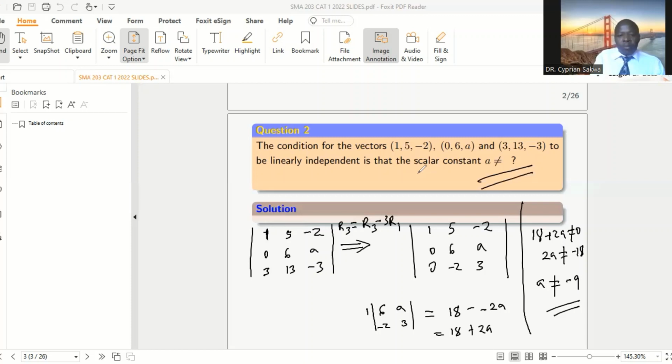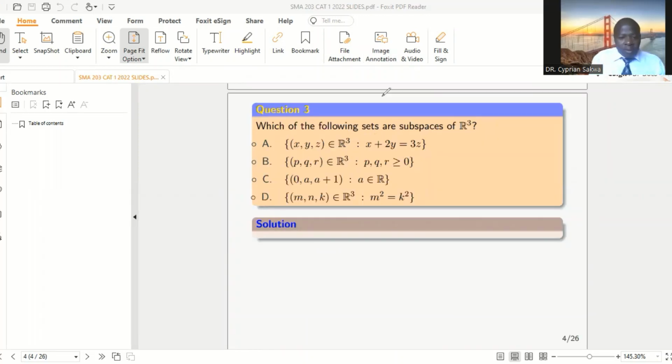Now let's look at the other question. In our earlier video, we also showed how to tell if sets are subspaces and how to tell if sets are vector spaces.